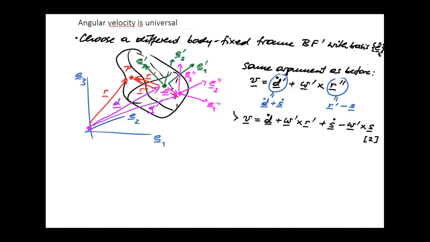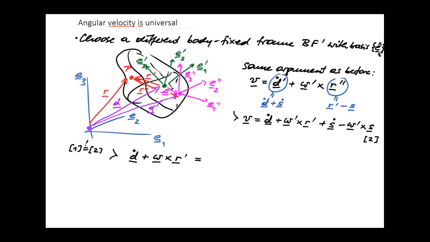Of course, in both cases, we must obtain the same velocity of the point P, as seen in the inertial frame. So the two formulas, 1 and 2, must agree. And this implies: formula number 1 said that the velocity was given by d dot plus omega vector product with r prime.